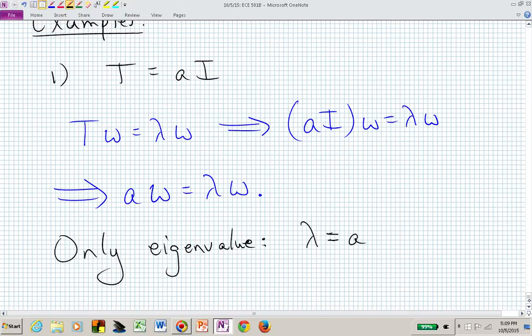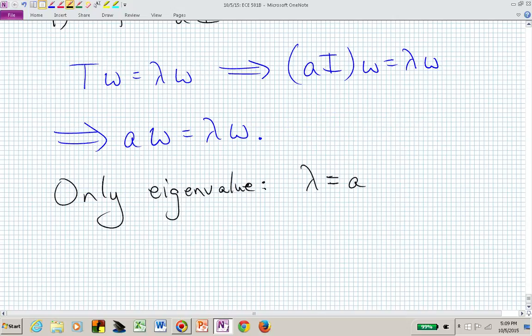What can we say about the eigenvectors? Which W satisfy this? Where W is in, let's say, a vector space V. How did we have to specialize W for this to be true? Did we say anything special or restrictive about W? W could be anything, can't it? Any vector in our vector space can serve as an eigenvector for this particular map.